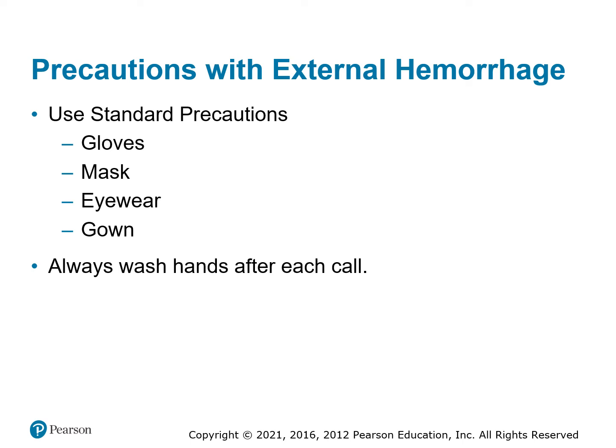You don't know what that patient may have, so precaution is the best protection that you have from getting anything that they may be able to give you. And then once you're done, always make sure you properly remove your gloves and wash your hands immediately after each of these calls, and then make sure that you disinfect the patient care area extremely well as well.